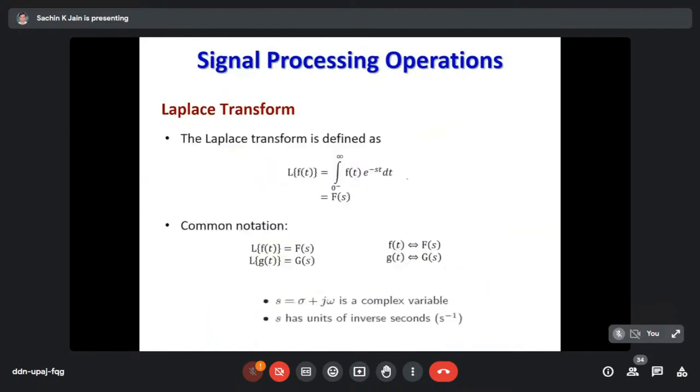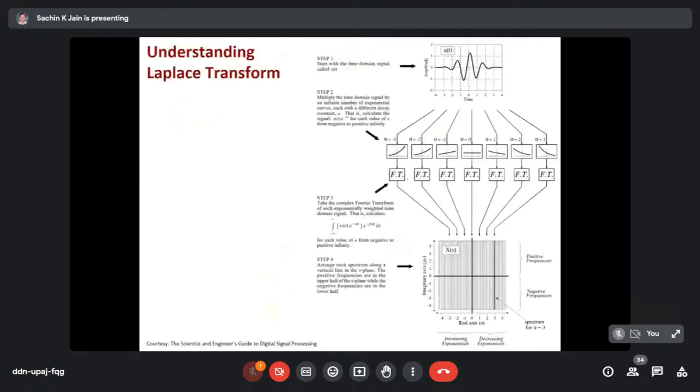It is defined like this, as we know. I would like to give you a visualization of what Laplace basically is. If this is your time domain signal, how many frequencies it has will be given by the Fourier transform. And for different exponential terms, analyzing that signal with them, what will be its representation? That is basically known as the Laplace transform.